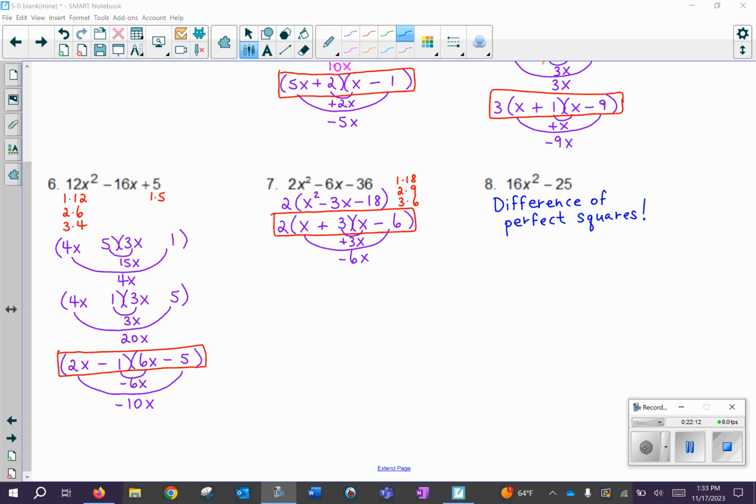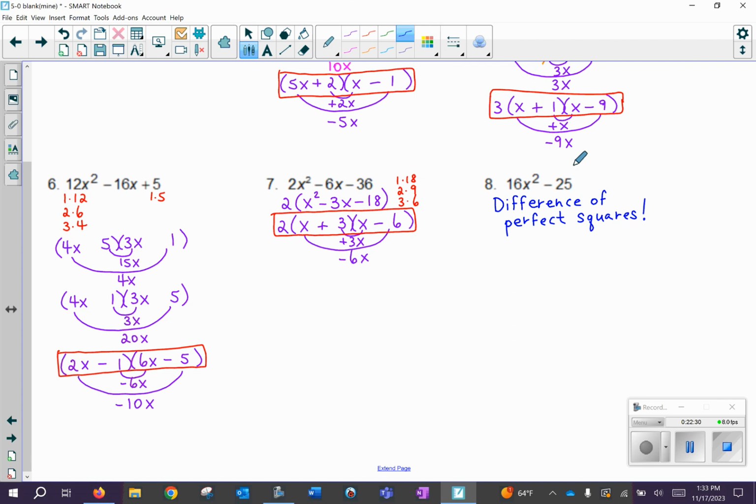And subtraction is exactly what we have in this problem right there. Okay, so this is definitely difference. Now I want to ask myself, are these perfect squares? The square root of 16 is 4. Square root of x squared is x. Square root of 25 is 5. Those are all definitely perfect squares.